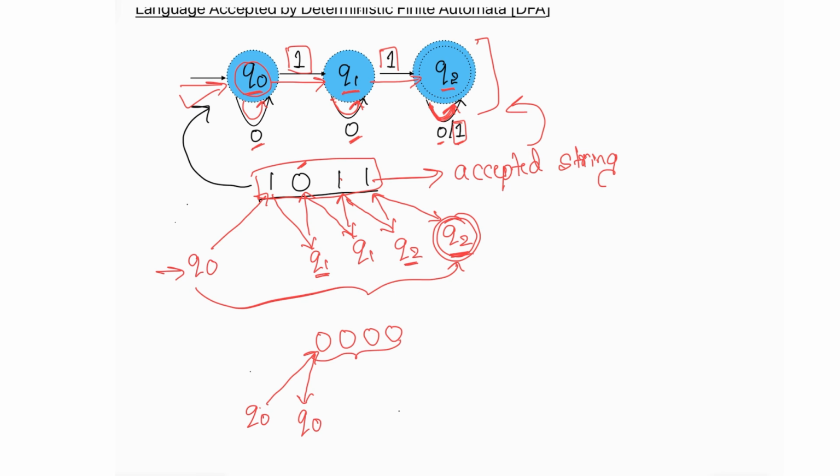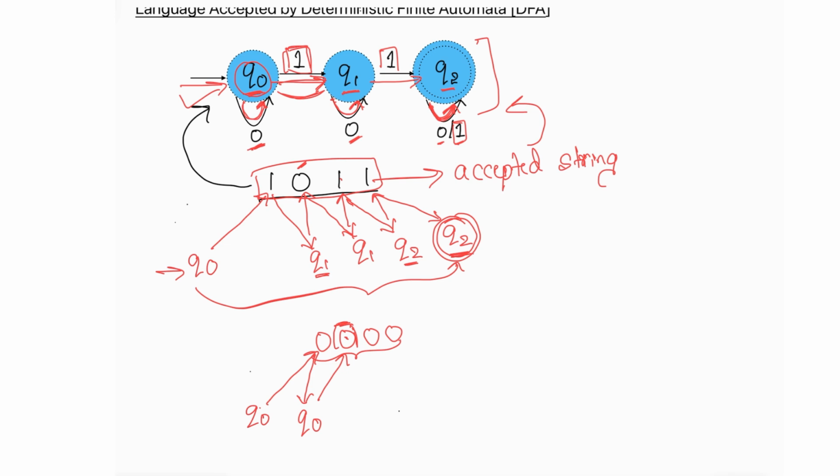Now again from Q0, the machine will scan the next 0. Again from the Q0 state, the machine will take a self loop, because there is no other transition for the 0 input symbol to the next state. There is a transition from Q0 to Q1 by taking 1 as the input symbol, but currently our next symbol to be passed is 0.